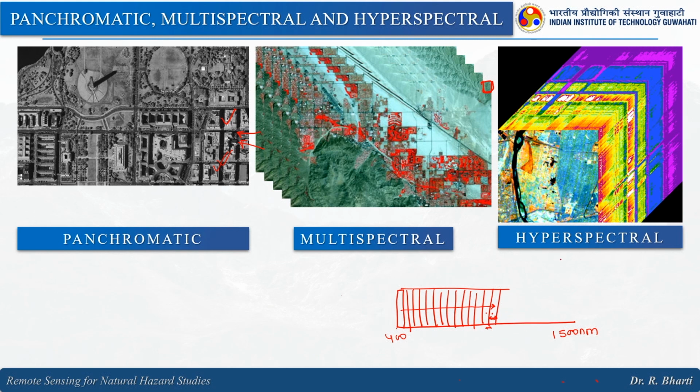So, that is hyperspectral. If you compare panchromatic, multispectral and hyperspectral, panchromatic will have better spatial resolution, hyperspectral will have more spectral resolution. So, if you want to identify the material, you have to use hyperspectral.